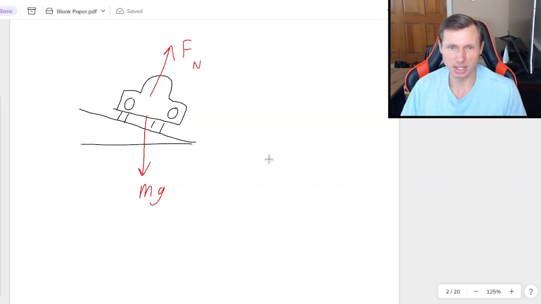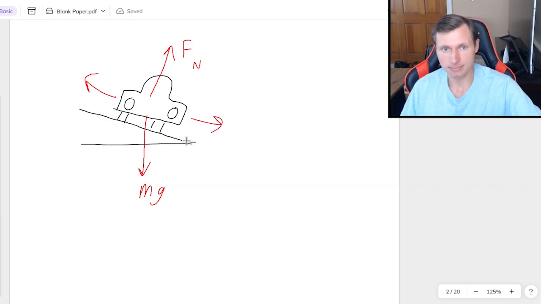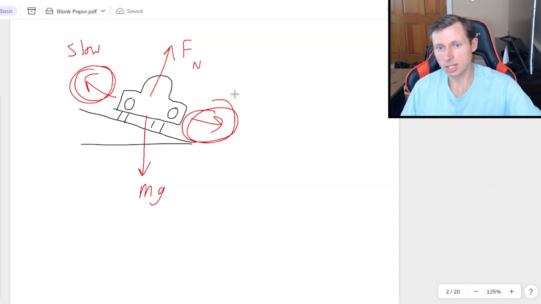I know that doesn't seem like a lot, but the only other force would be friction, and we said there is no friction. By the way, if we did have friction, friction can technically be going either way, either up the ramp or down the ramp. Just to explain that really quickly, because sometimes there is friction in these problems. You have this friction pointing that way if you're going too slow, and friction will be pointing this way if you're going too fast.